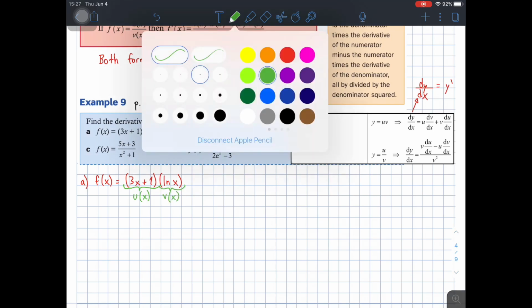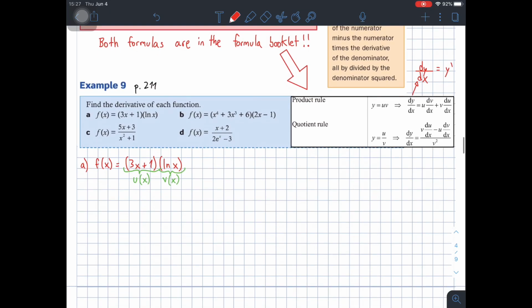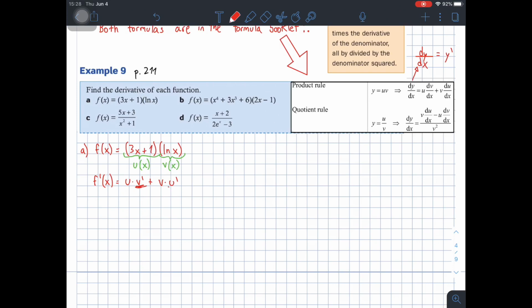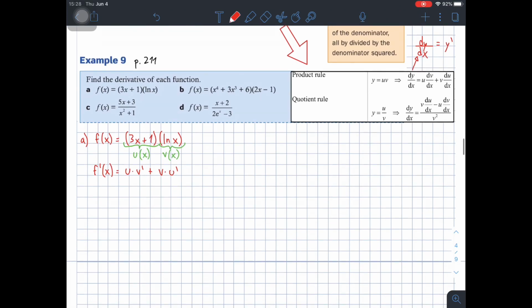So the product rule says the following. f prime of x is equal to, and if we use this formula, you'll remember it's u times v prime plus v times u prime, right? Okay, so we need to find these elements, v prime and u prime.